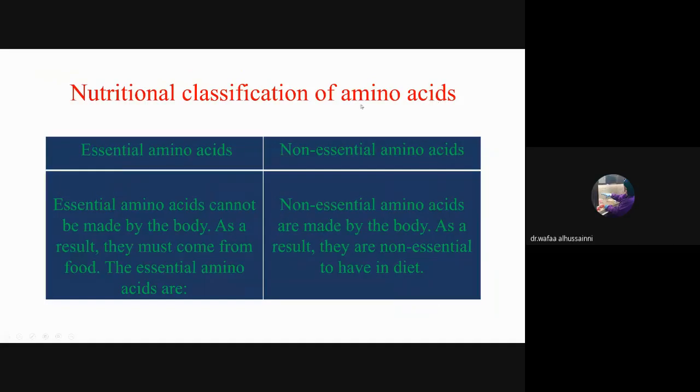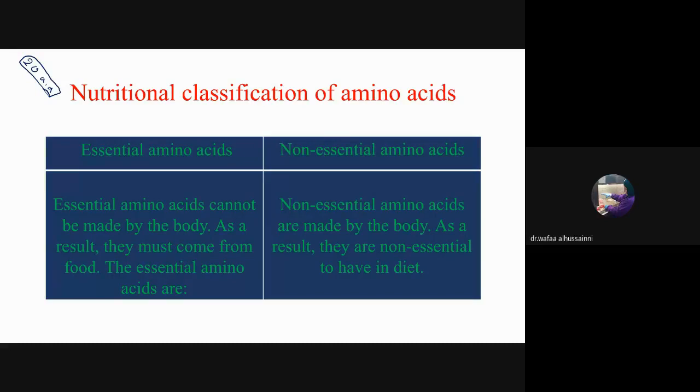The other type of classification of amino acids, and this is the most important classification we have, because this is our work, this is our biochemistry, this is our biology. We have two types of amino acids, essential amino acids and non-essential amino acids. If you remember, we said there are 20 amino acids which are genetically coded in our system.